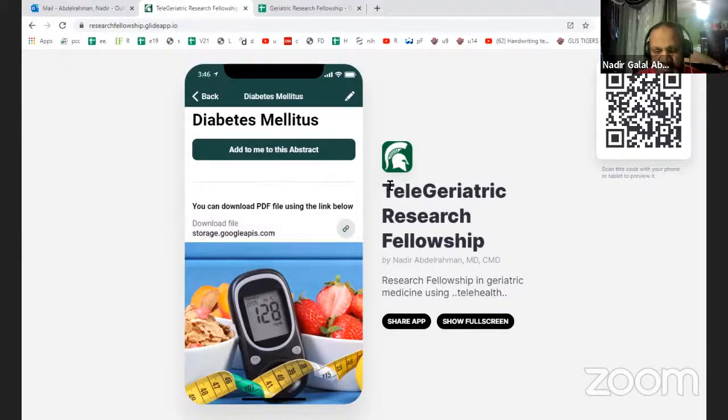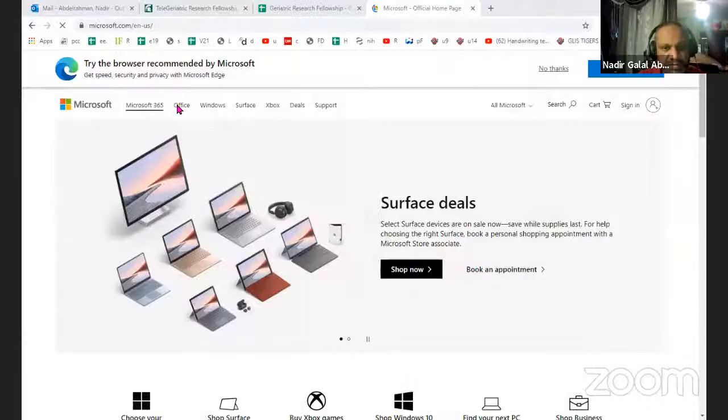I can share it with you also. Let's see if I can. Here, if you go to Office, it has PowerPoint most likely on the left side.